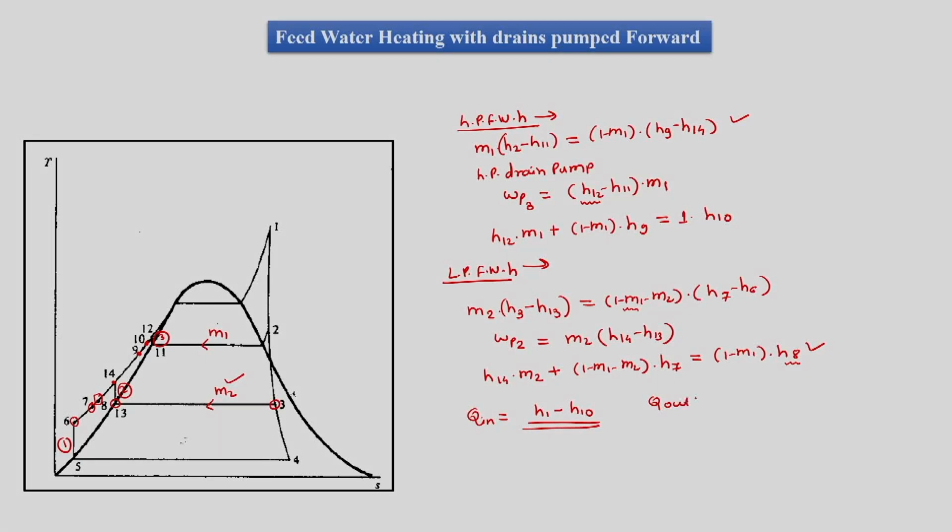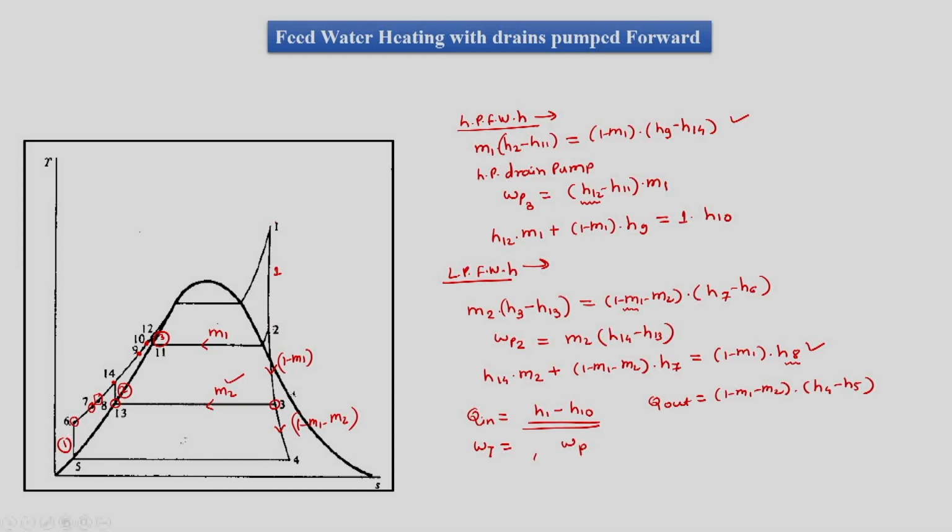Q out would be very simple, 1 minus M1 minus M2 into H4 minus H5, and WT is as usual, we have 1 unit into H1 minus H2, we have 1 minus M1 unit into H2 minus H3, then we have 1 minus M1 minus M2 mass into H3 minus H4. So this is how we have the expansion to find out WT. Then we can find out WP.